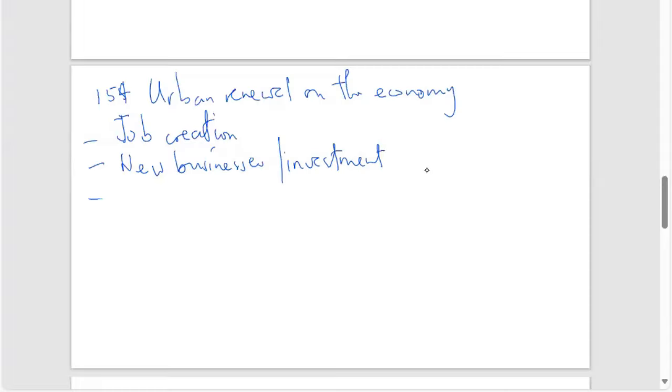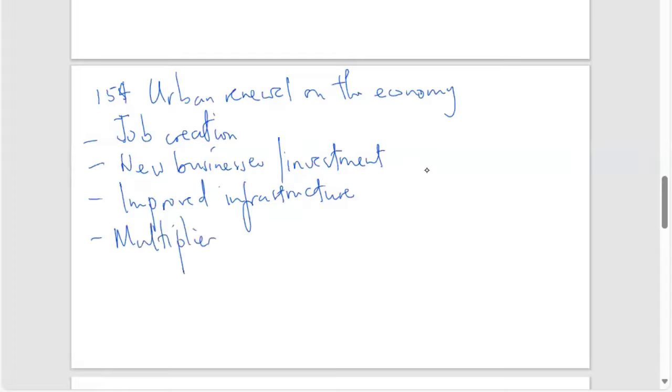And also, you can look at improved infrastructure in the area. And also, urban renewal can result in the multiplier effect. It will also lead to the development of other related businesses. And also, you can look at increased property values. If the area has been renewed, it means the property values are always going to increase.